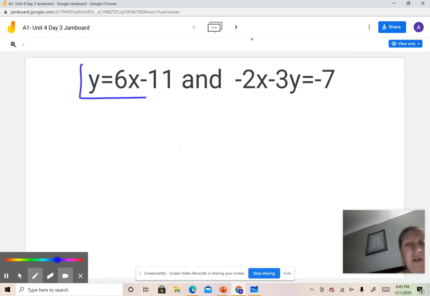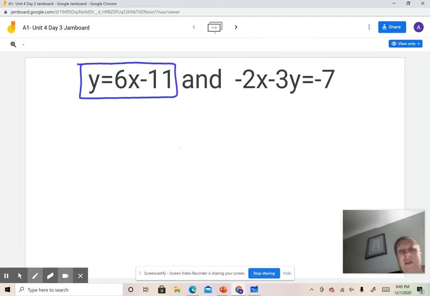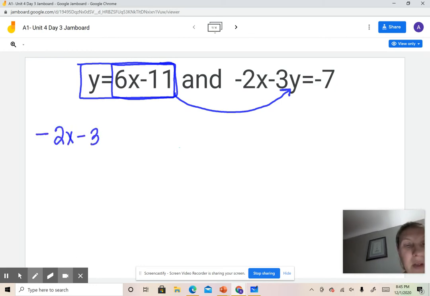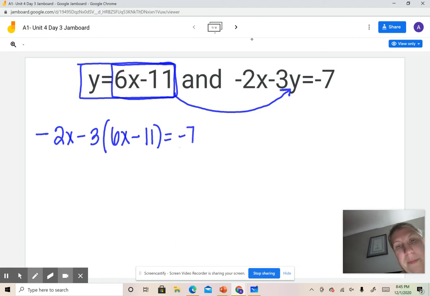So in this equation, you have y by itself. So that's good. I have one of my equations where a variable is by itself. So that means I'm going to take what y equals, and I'm going to insert it for y into the second equation. So I'm going to have negative 2x minus 3, but instead of y, I'm going to put what y equals, which is 6x minus 11, and it equals negative 7.